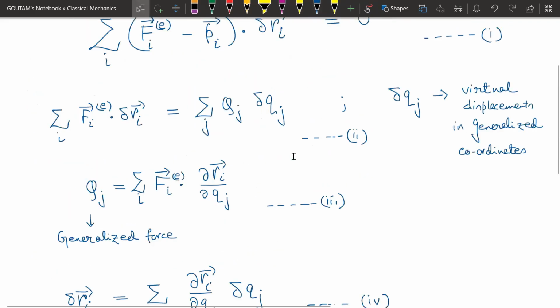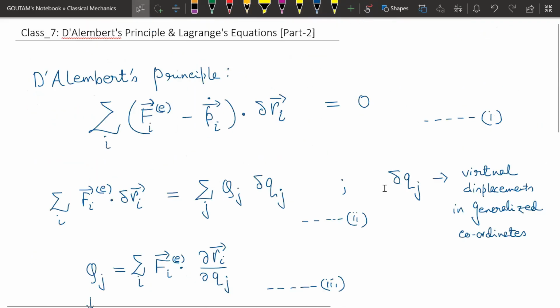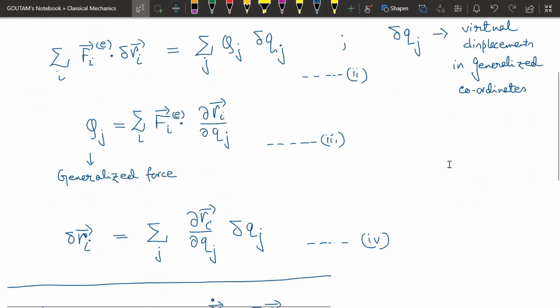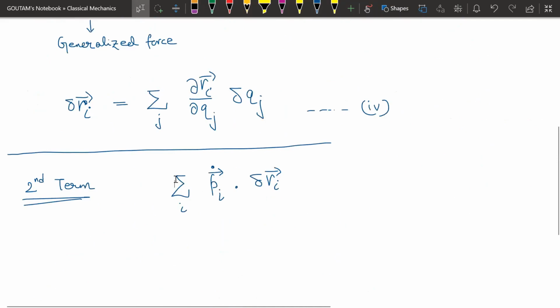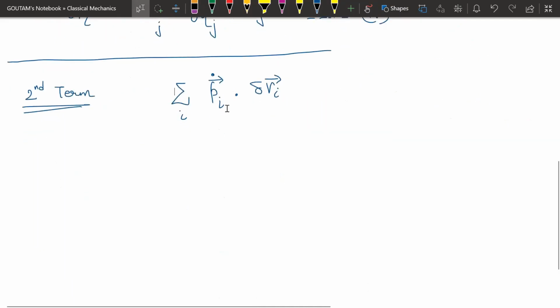I'm not considering the minus sign; when I write the entire equation 1, then I will consider the minus sign. For the time being, let's consider only this term, without the minus sign.